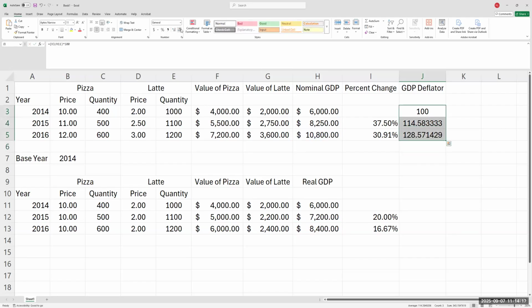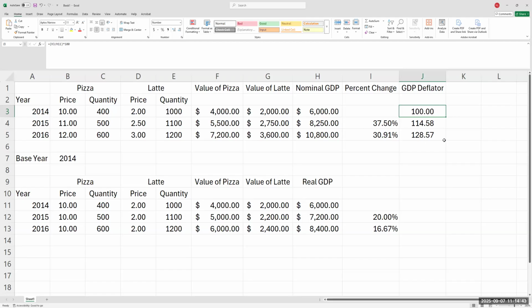I'll just make it 2 decimals so it's clean. So these are the GDP deflators for each of the years. 2014 is 100, and you can see it's going up: 114, 128. So we could see the prices are going up. This is a rough measure of overall prices.